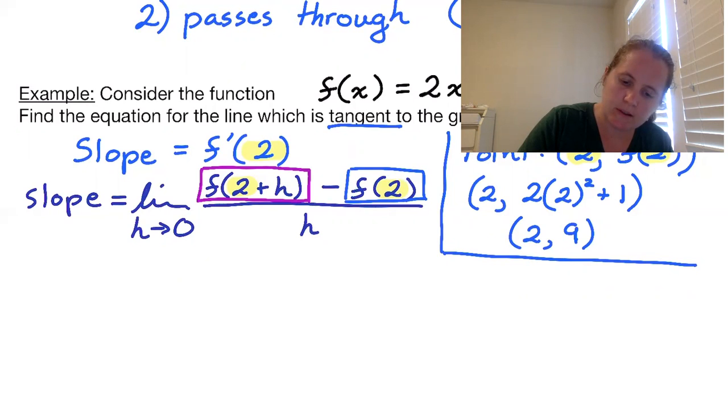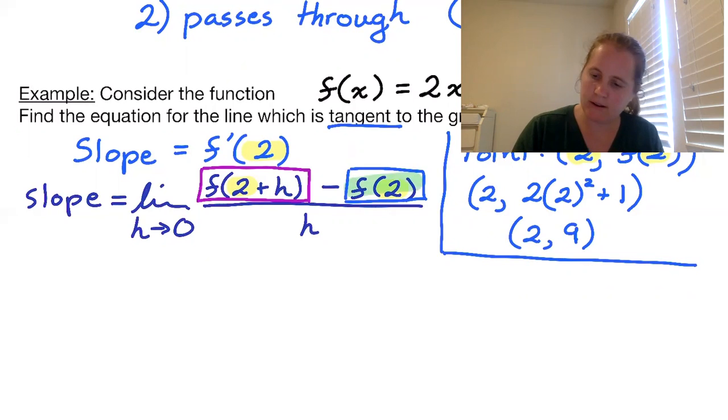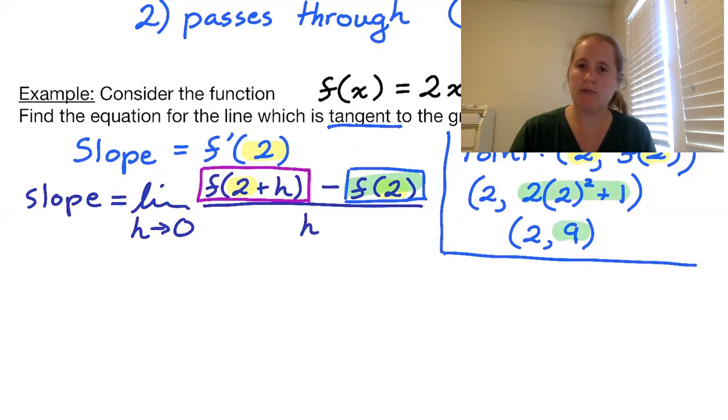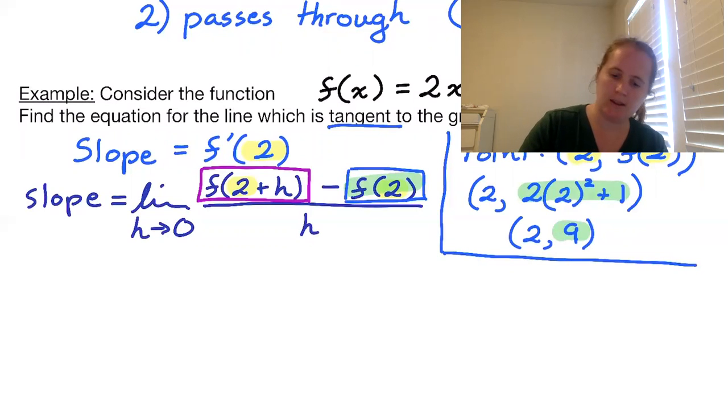So this f of 2 here is precisely what we did over here. So we got 9 for f of 2. f of 2 plus h, we still need to figure out.